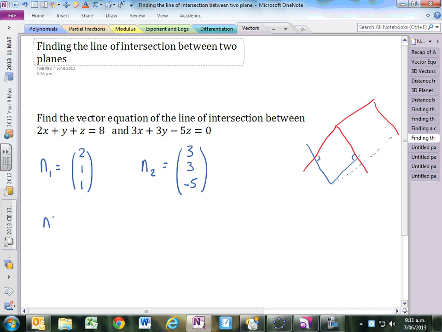No, we don't, because we're not trying to find angles between them. We're wanting to find something that's at right angles to those two normals. So we need to do a cross product of these two vectors.